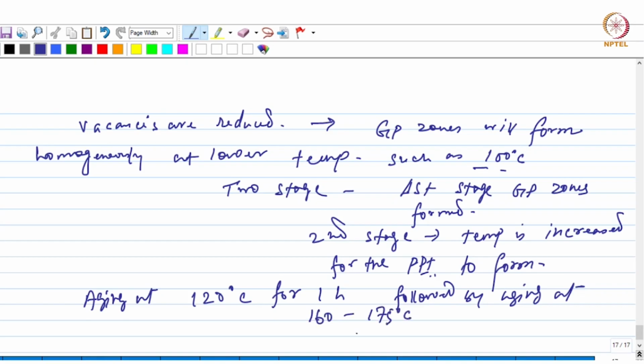This is just to make sure that we have enough GP zones forming so that the precipitates can form uniformly. So this was about the 7000 series.